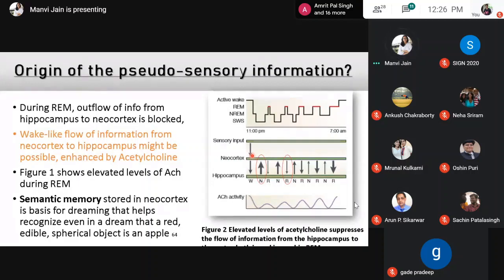So then this sensory input from the neocortex keeps moving forward to the hippocampus for memory consolidation. And then in the NREM state, as we saw in the last slide, the information from the hippocampus moves towards the neocortex. And this process is continuous.